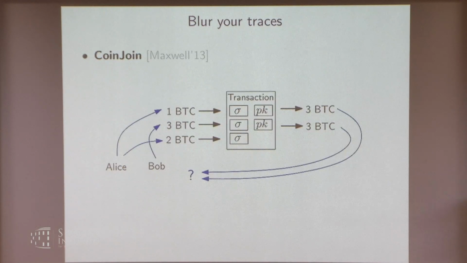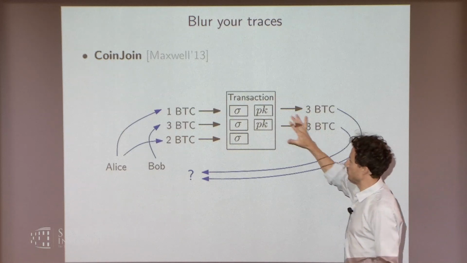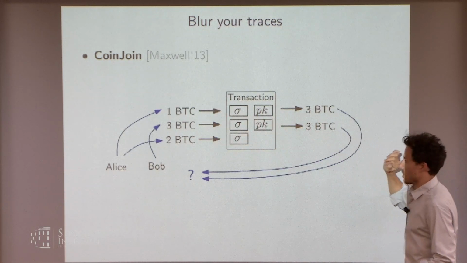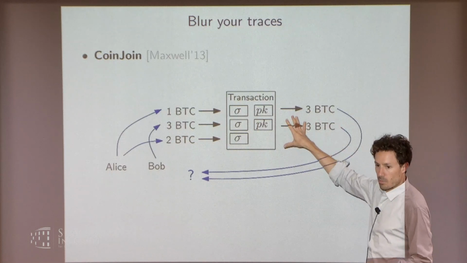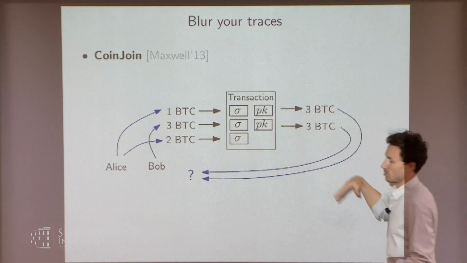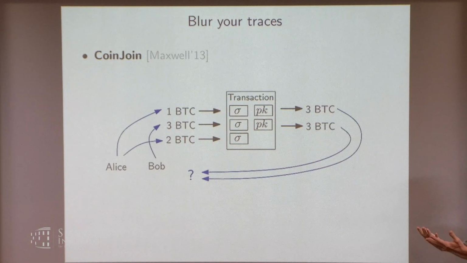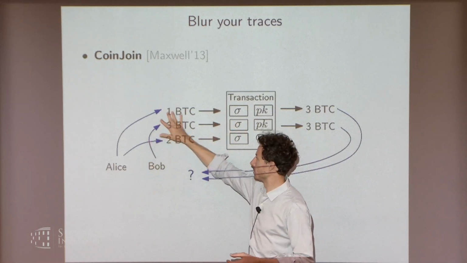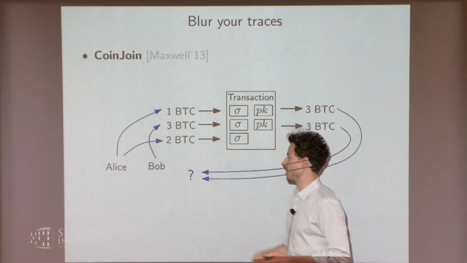So what is CoinJoin? CoinJoin is basically the simple idea that if you have a transaction which has inputs and outputs, then this is atomic in the sense that there's no link between which input goes to which output. So if Alice and Bob want to mix their coins, they put in the same amount of Bitcoin. Alice puts 1 here and 2 here, and Bob puts 3 here.